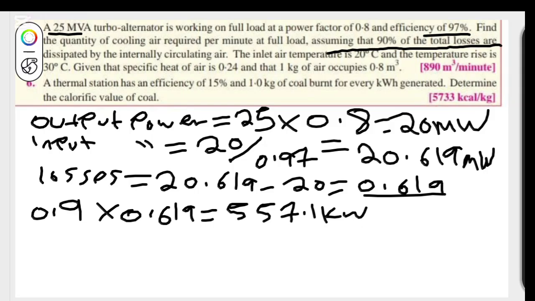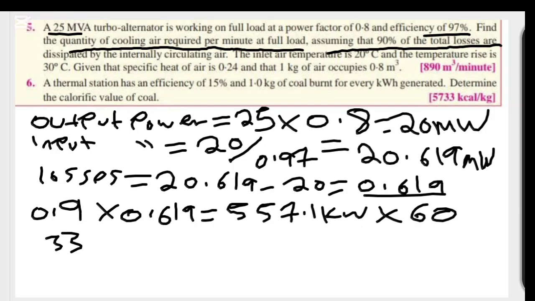So I have to find the heat to be removed per minute. It says the quantity of cooling air required per minute at full load. So I just have to multiply this by 60, and it will now become, let me see, something like this.